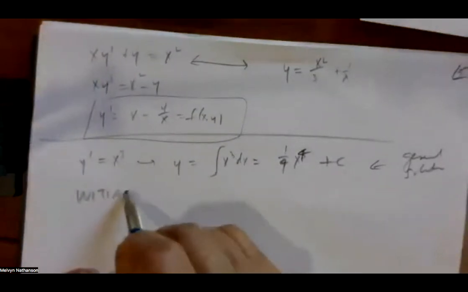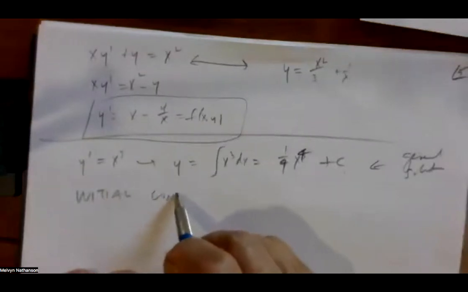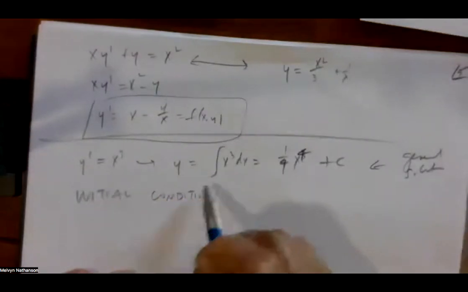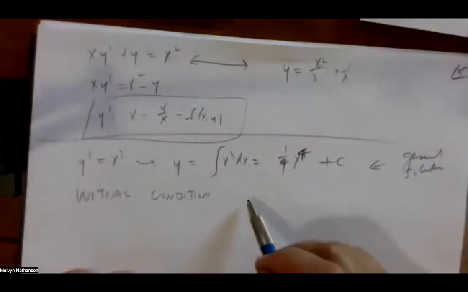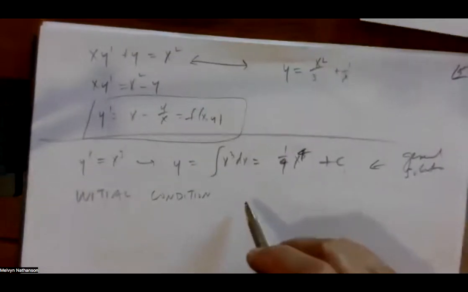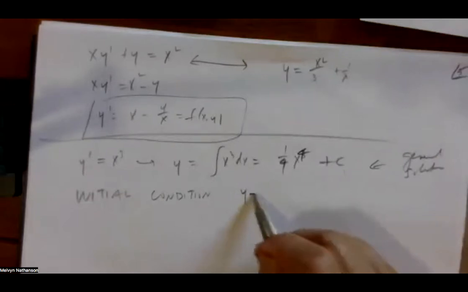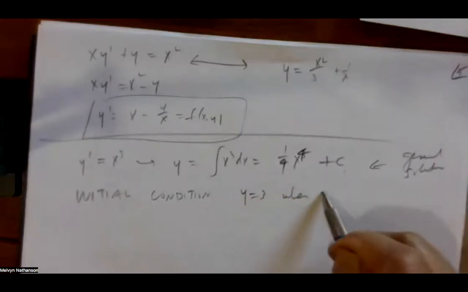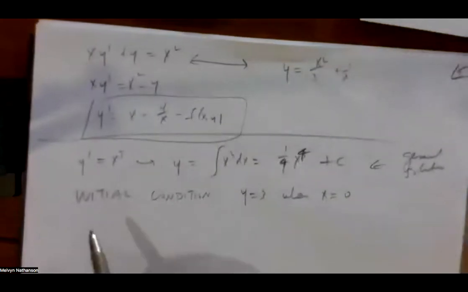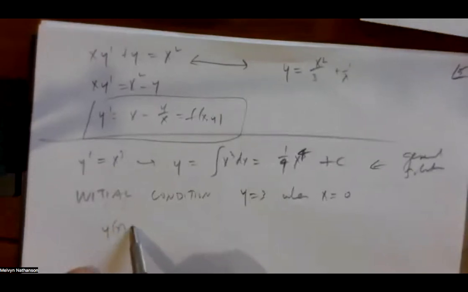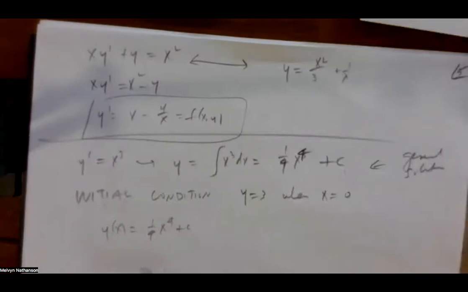But often we start with some initial condition. So we want to find the solution of the differential equation which solves the initial condition. For example, suppose the initial condition is that y equals 3 when x equals 0. So here's our solution. y of x is 1/4 x to the fourth plus c.